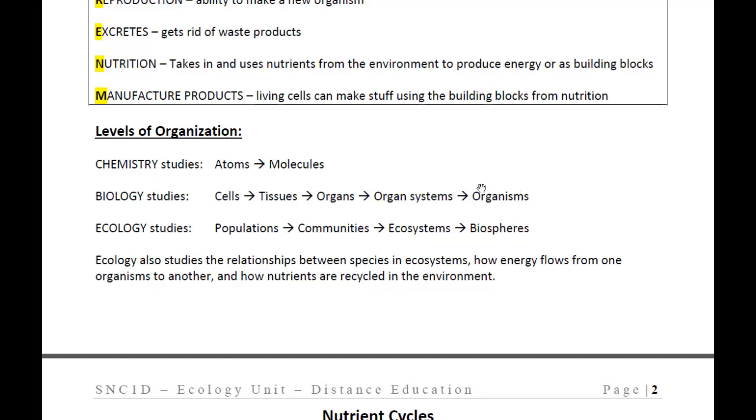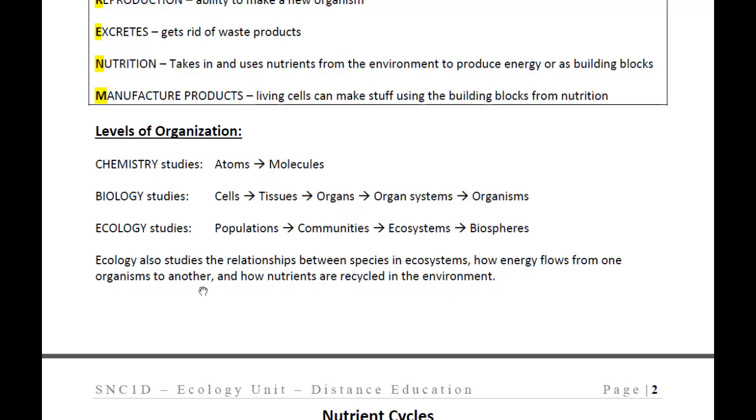But when you go larger and you say, well, how do organisms interact with one another? That's within populations, and then communities, ecosystems, and then finally biospheres. And this is what ecology studies. It's these large level interactions between organisms and the environment that the organisms live in. It's also about how energy flows from one organism to another.